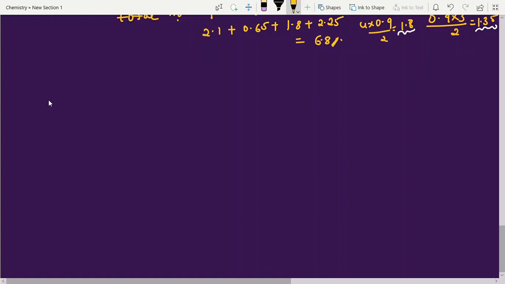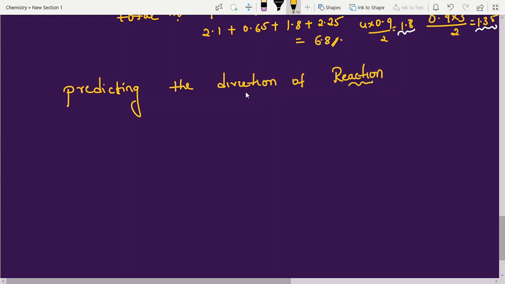One theory question which is frequently asked in examination: predicting the direction of reaction.